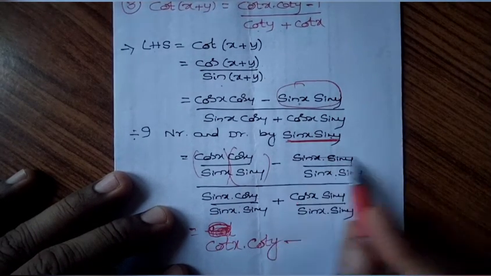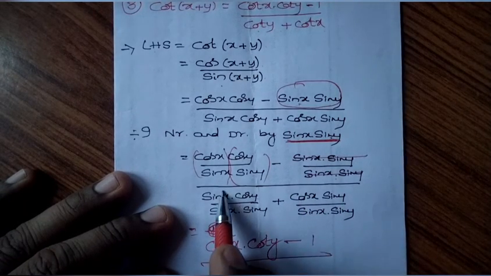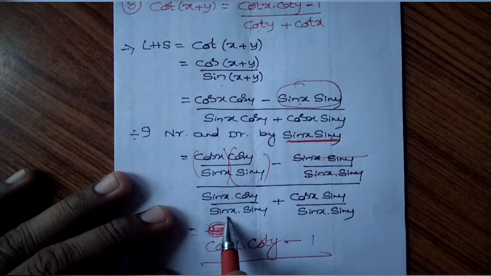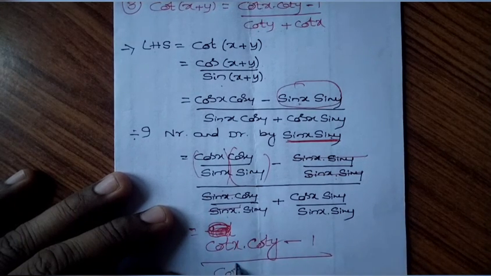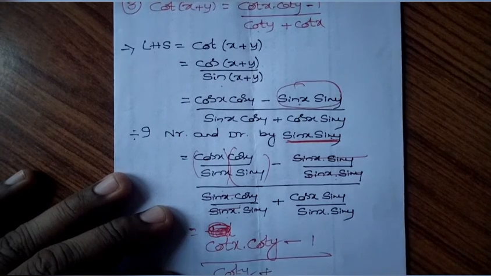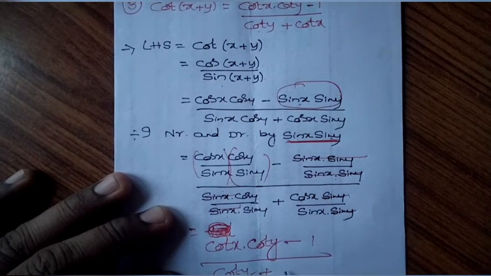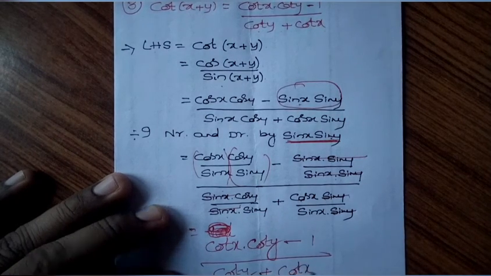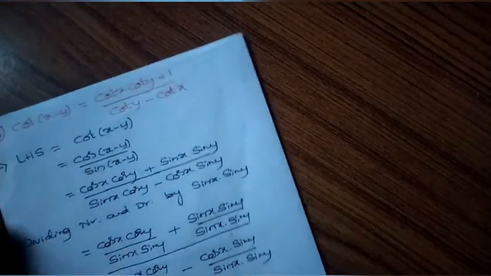Numerator and denominator cancel, giving 1. Sin x divided by sin x cancels. Cos y by sin y is equal to cot y, plus here sin y cancels, cos x by sin x is equal to cot x. Hence the result. Okay.